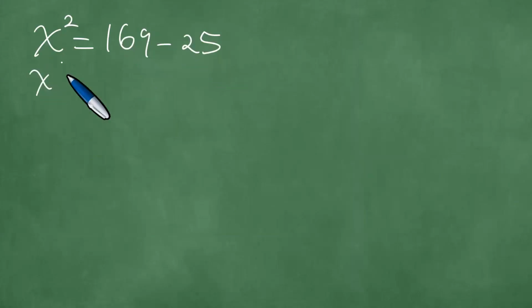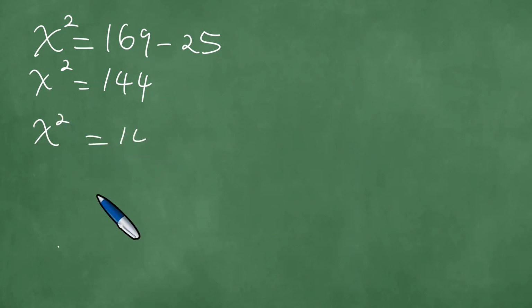What is 169 minus 25? What do you think, Tando? All right, it's 144. And therefore, if we want to get the answer to this, we proceed as follows. We then say that this is 144. We apply the square root and we put a plus or minus.